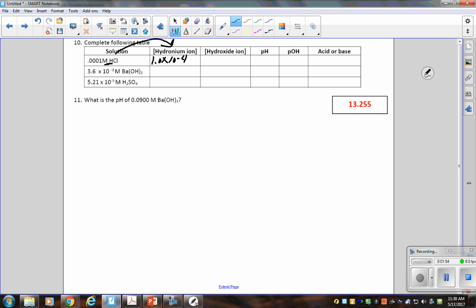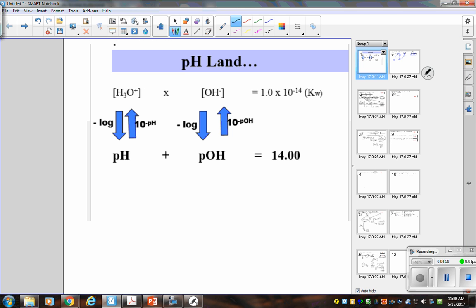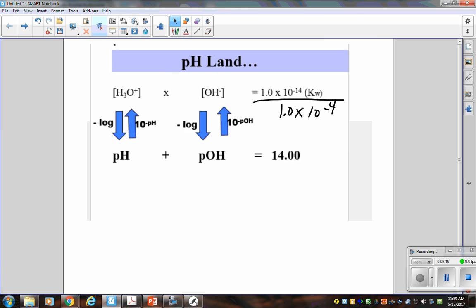If I go back to pH land, think about it like this. If I start out with 1.0 times 10 to the negative 14th, but that's not what it is. It's 1.0 times 10 to the negative fourth. If that's 1.0 times 10 to the negative fourth, that times that is always equal to 1.0 times 10 to the negative 14. So all I have to do is take it and drop it down below, and I'll get the answer.